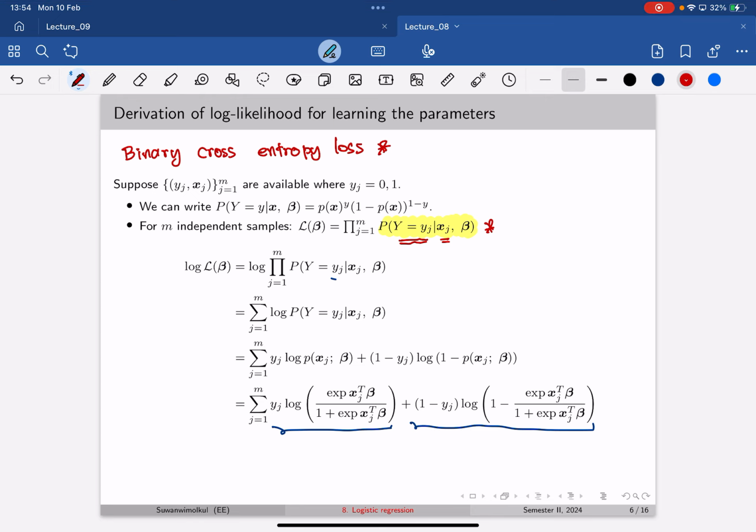So that is the likelihood probability. And if we think about why we may be better off using this loss function, right now we are considering the likelihood probability.